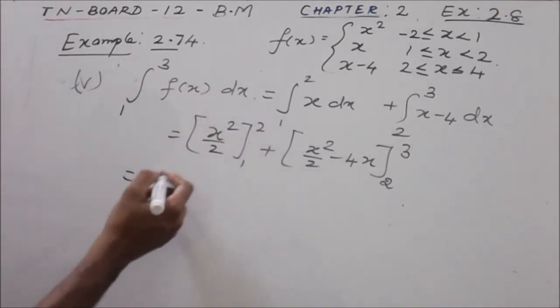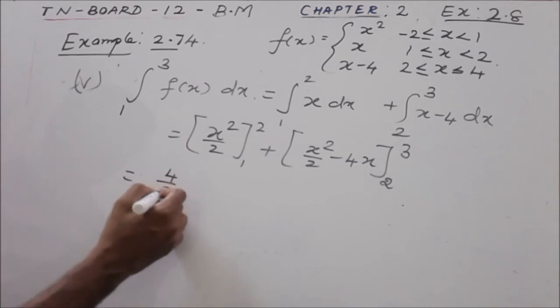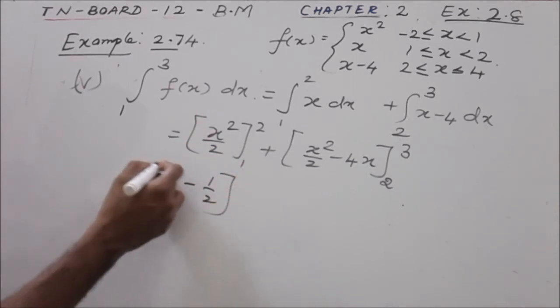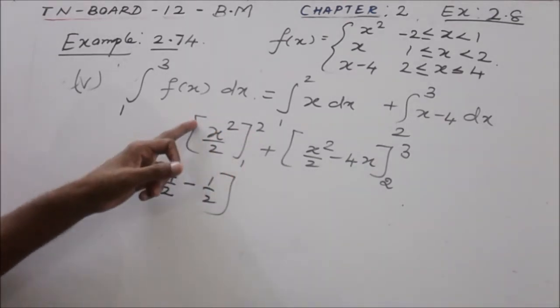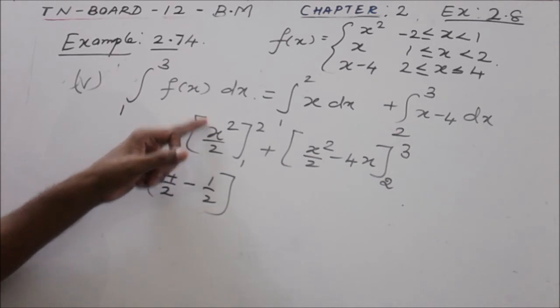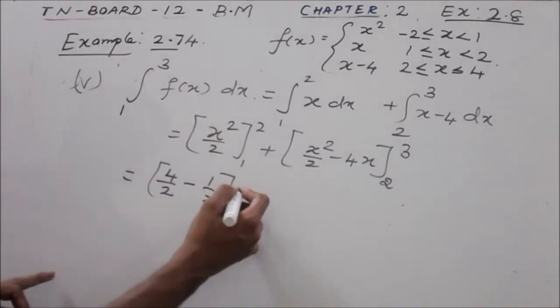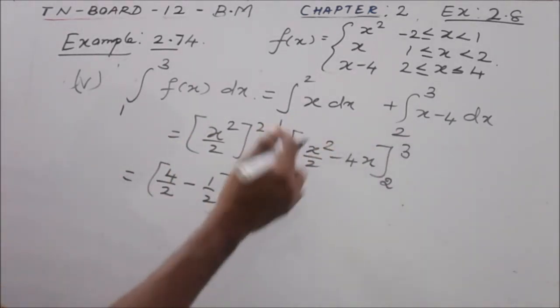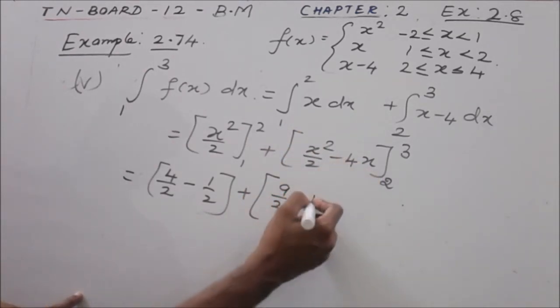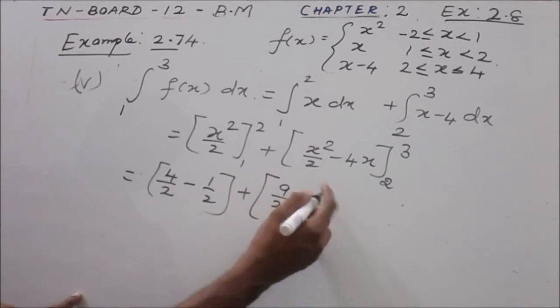By substituting upper limit, 2 square 4 by 2 minus lower limit 1 by 2. Substituting upper limit 2 for x, 2 square 4 by 2, then minus the lower limit, 1 means 1 square by 2, plus substituting 3 square 9 by 2, minus 4 into 3 12.